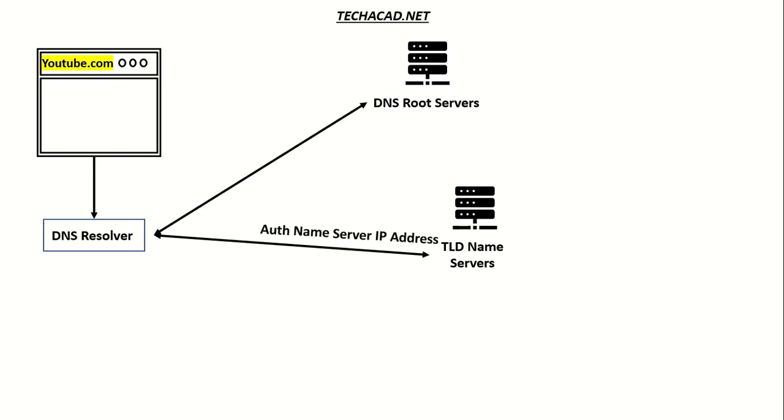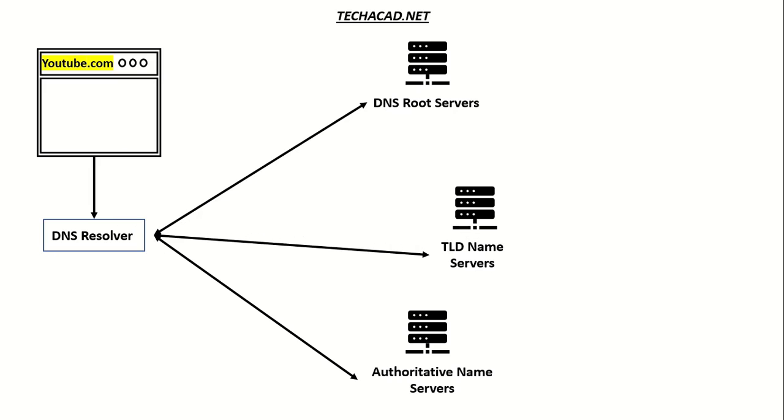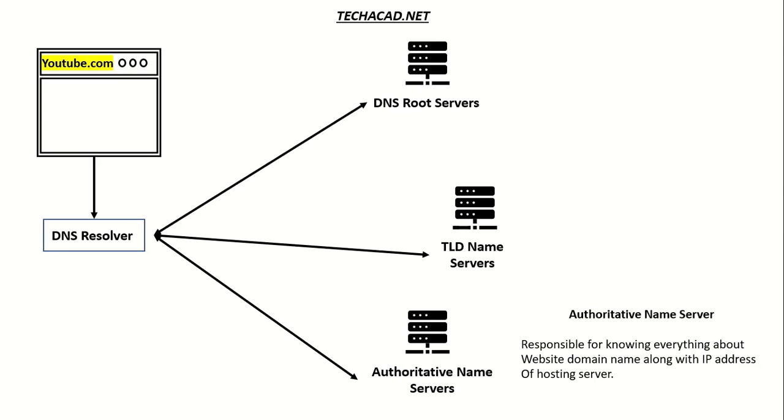So the DNS resolver will once again forward the query to the DNS authoritative name server for looking for the IP address of youtube.com. The authoritative name server is responsible for knowing everything about the website domain name along with the IP address of the hosting server.